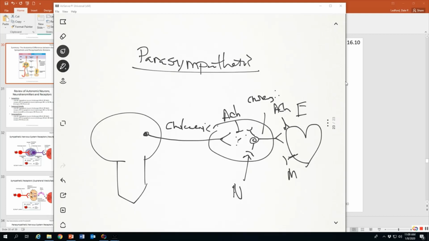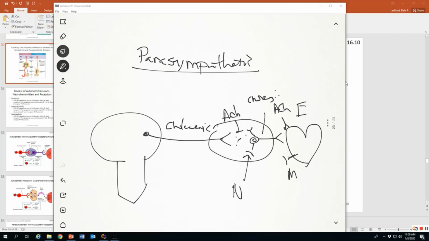Sympathetic neural pathway: a cholinergic neuron releasing acetylcholine binds to a nicotinic receptor, causing an adrenergic neuron to release epinephrine or norepinephrine, and that binds to an alpha or beta receptor on the effector cell: smooth muscle, cardiac muscle, glands, and adipose. Now, sympathetic could also be here.